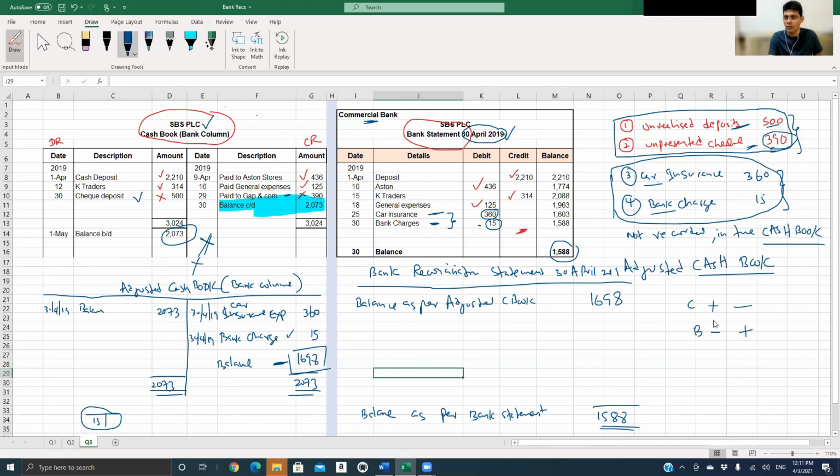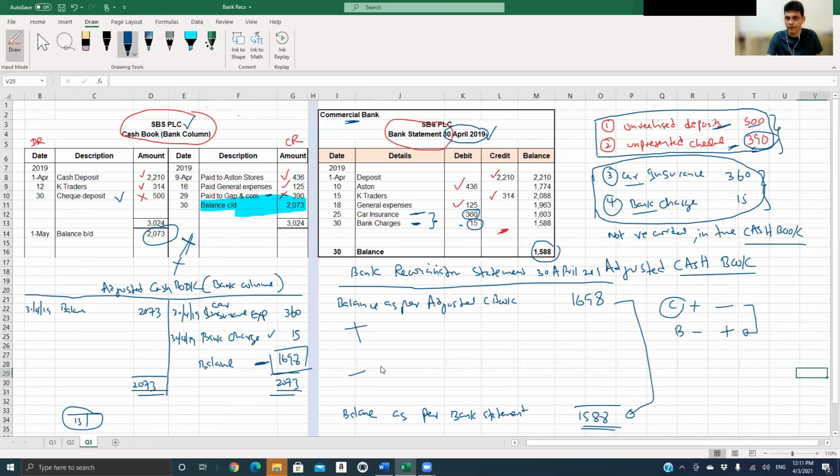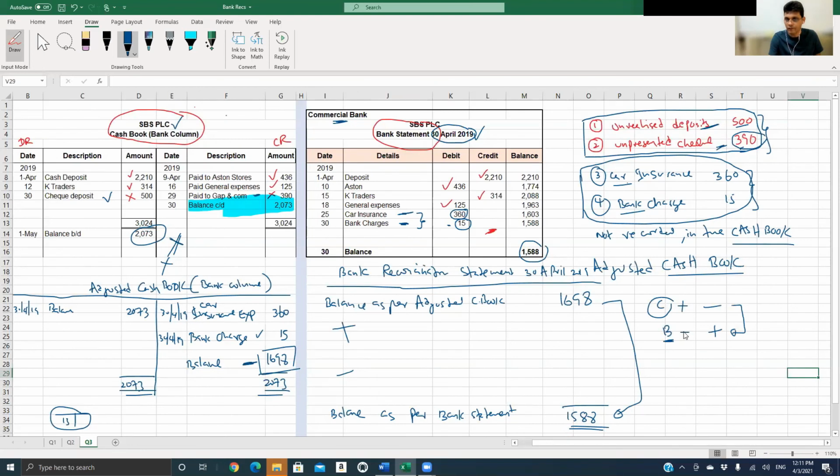Since we are arriving at the bank statement balance from the cash book balance, we need to plus and minus what? We need to minus the first one, which is unrealized deposits.